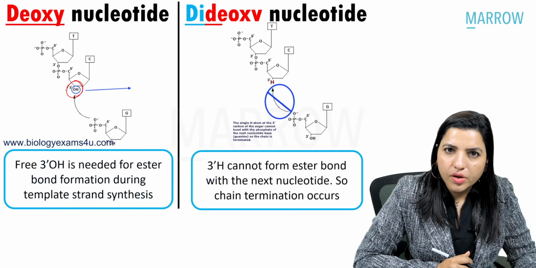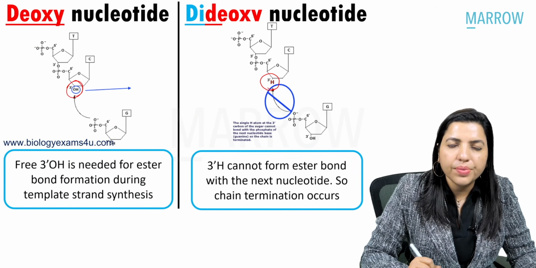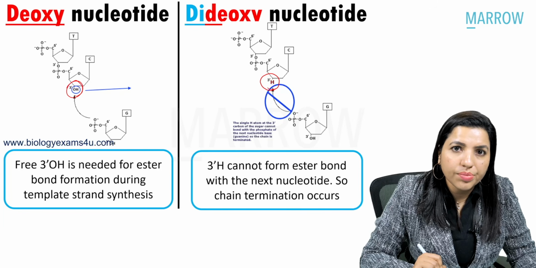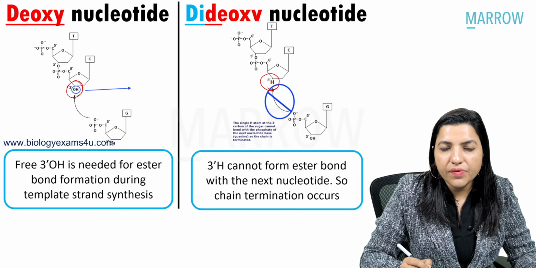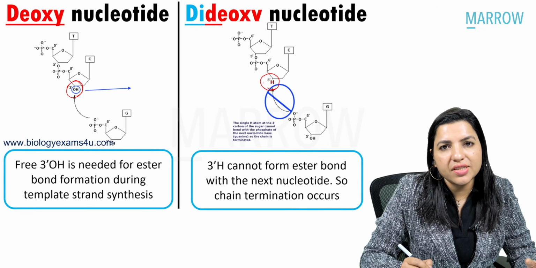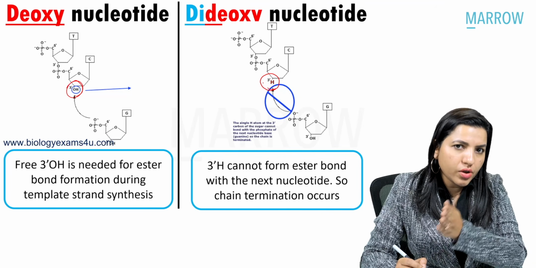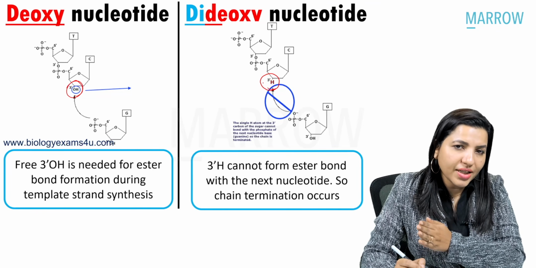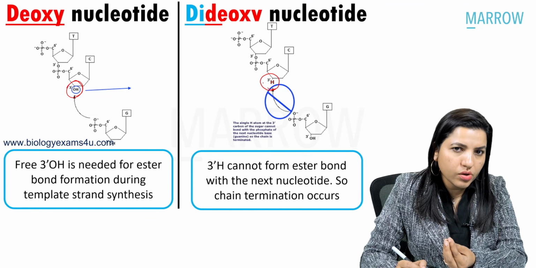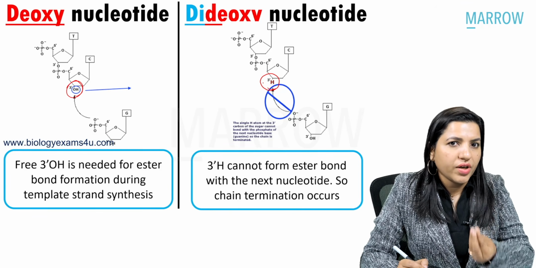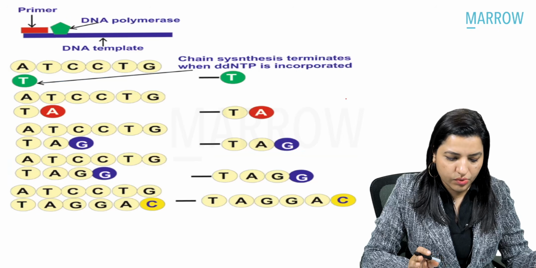Now in a dideoxynucleotide, in the 3' position, there is no hydroxyl group. It is only a hydrogen, which means if a dideoxynucleotide is incorporated, further chain elongation will not occur. That means there is chain termination, because there is no free 3' hydroxyl group to form the 3' to 5' phosphodiester bond. This is the principle of Sanger sequencing.